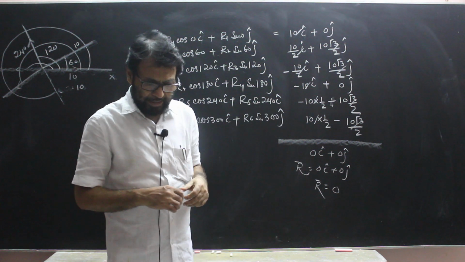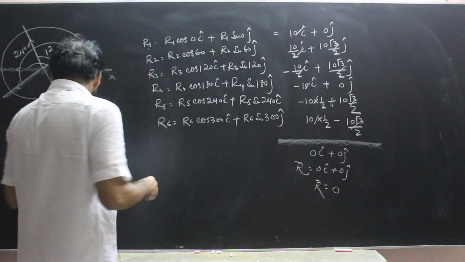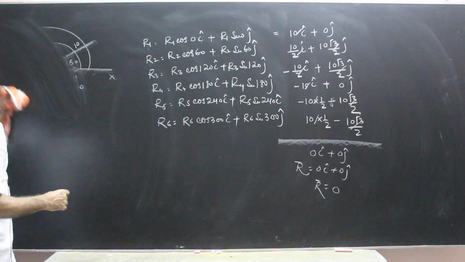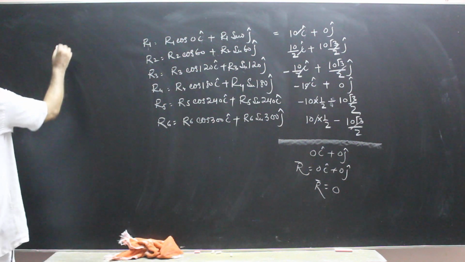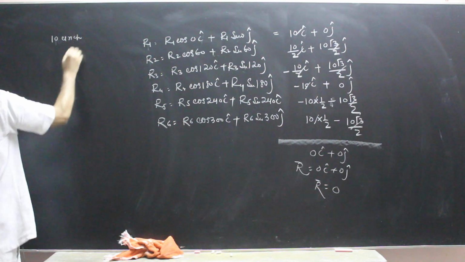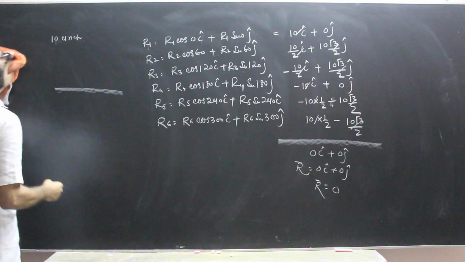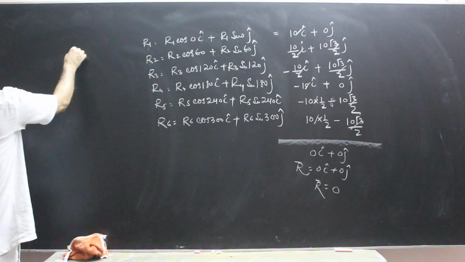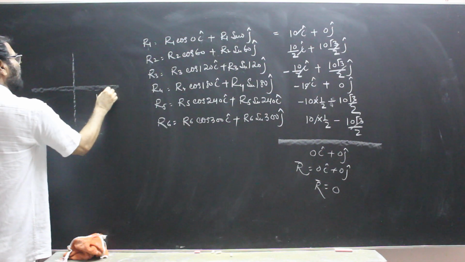So we can add any number of vectors. For example, again we solve a problem. If a particle is given a displacement of 10 unit towards x-axis, so it is 10i.